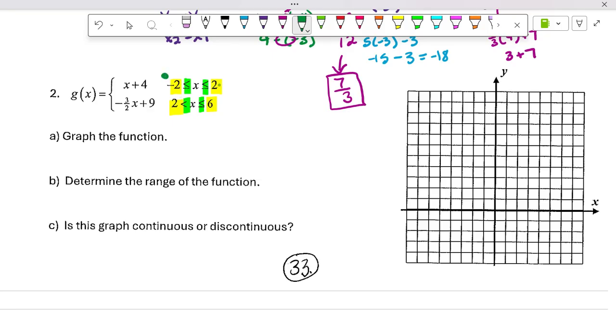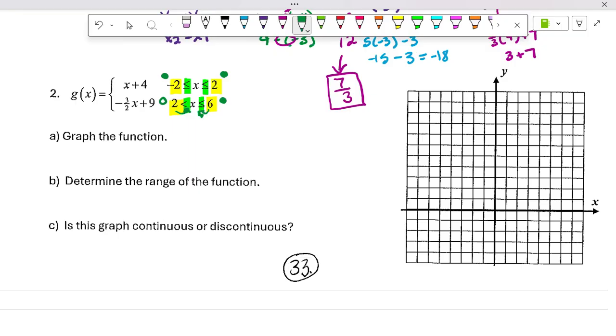What about for 2 on the top function? Closed circle. We still got that equal to next to it. What about the 2 on the bottom function? That won't be open. And then what about 6? Closed. And again, I'm looking at the signs that are directly next to them.